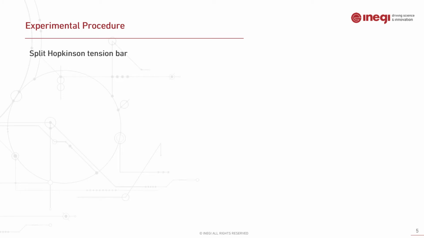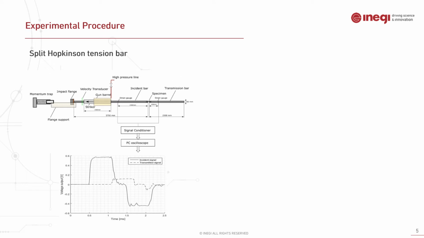So the dynamic experiments were carried out using split Hopkinson tension bar. It's also known as Kolsky bar, includes two solid bars, incident and transmitted bars. The specimen is actually mounted in between them. So we impact the incident bar using a striker, in this case a tube, generating a stress wave which propagates throughout the bar, and when it comes to the interface between the bars and the specimen, part of it reflects and the other part of it transfers.